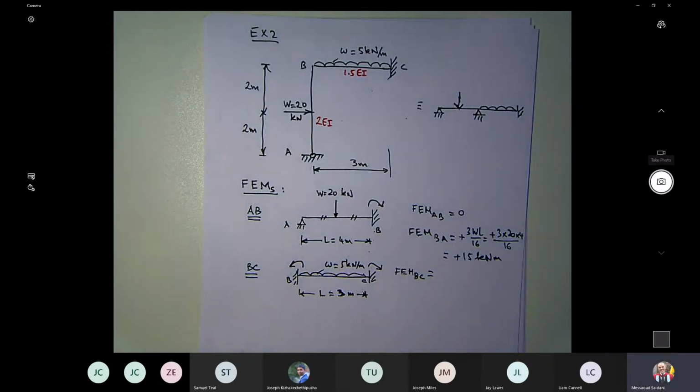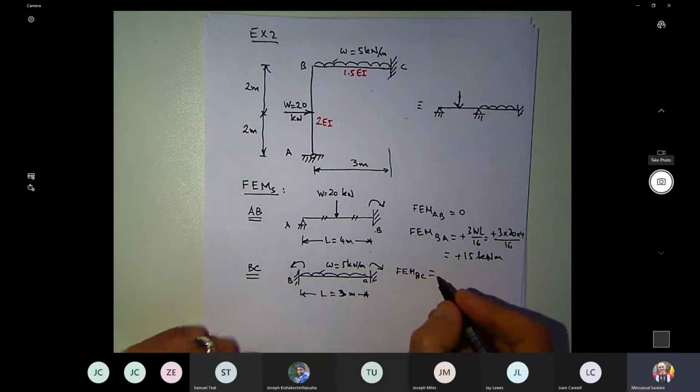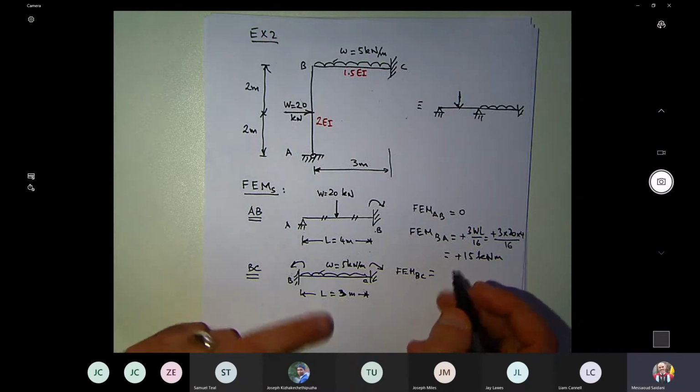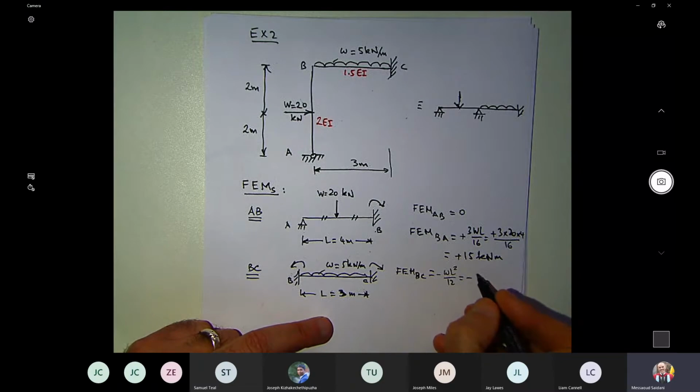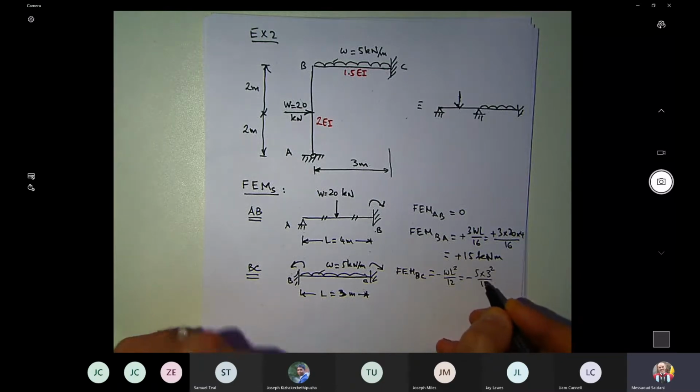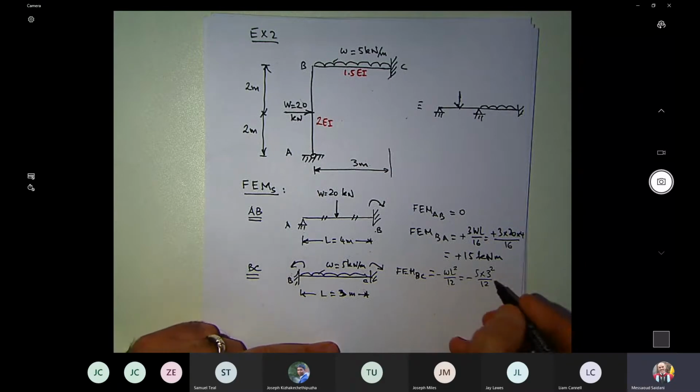Okay. So fixed moment at B, we have minus, what is it? Minus W L squared over 12. Have you got your table? Yep. So minus W L squared over 12. So we have minus 5 times 3 squared over 12. I've got 3.75.